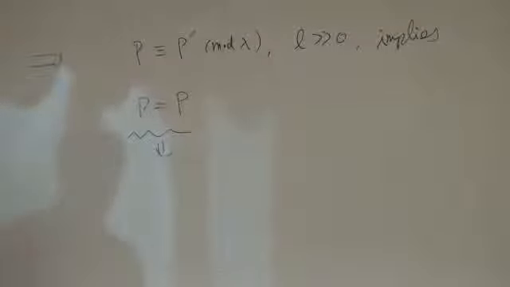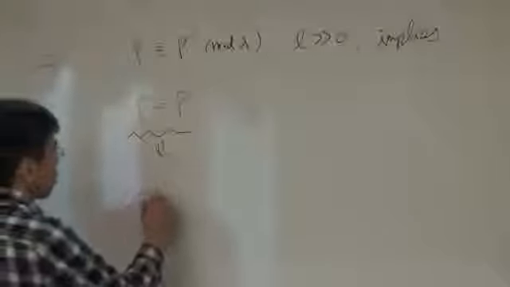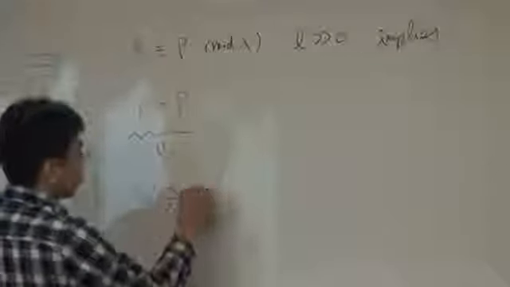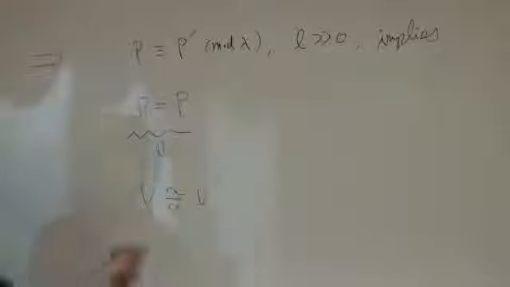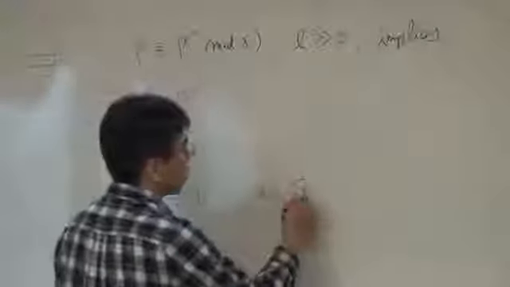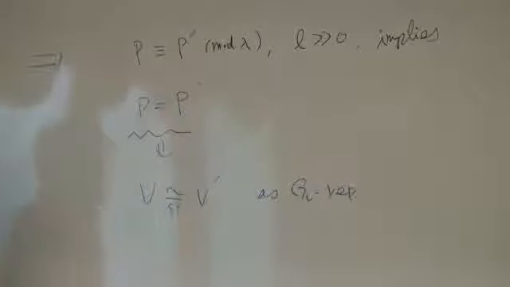Since the representation is unramified at this v, the characteristic polynomial of the Frobenius determines the representation. So this implies this. So this is the proof. Okay, thank you very much.